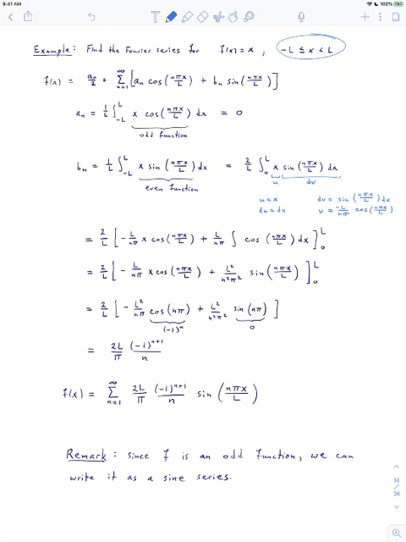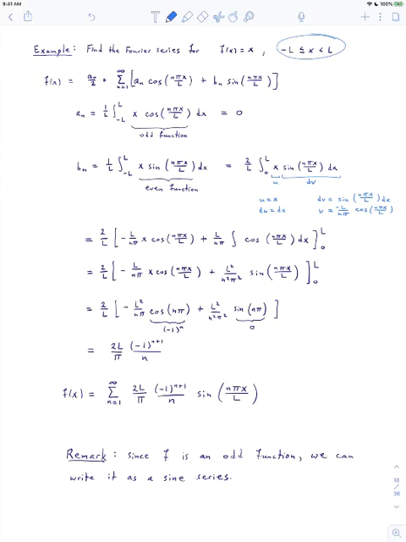In order to compute b_n, we can make things a little bit simpler by using the fact that an odd function times an odd function is an even function. Here, again, x is an odd function, and sine is an odd function. If you multiply two odd functions together, you get an even function.